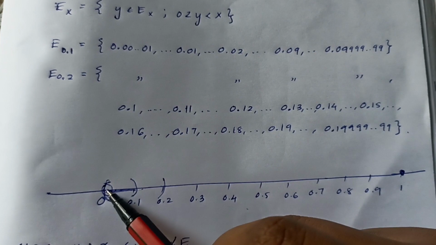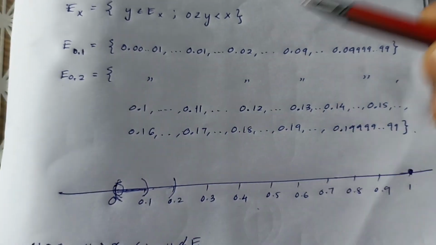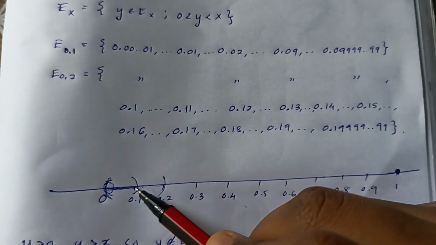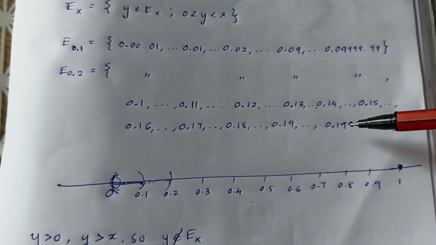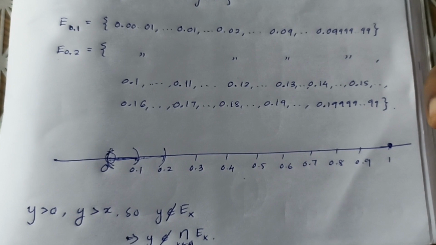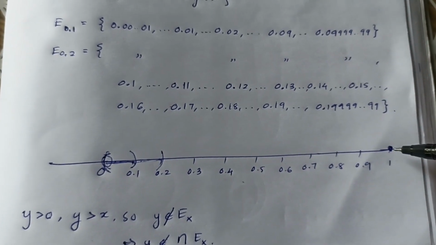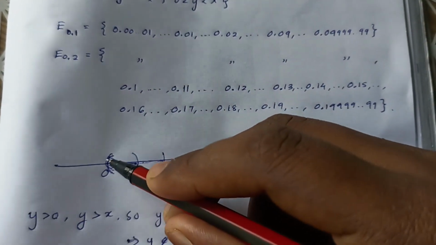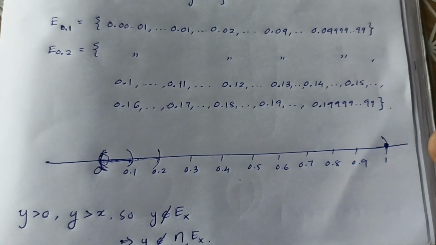It includes all these points plus these points, right? Okay, so what is E of 1? E of 1 means all points lying inside 0 and 1.